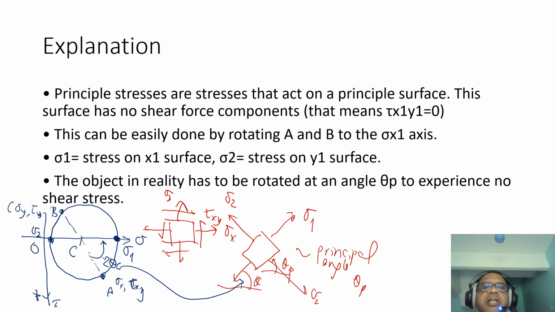So in reality this is theta, and in the Mohr circle it is 2 theta. Let me make it larger, 2 theta. So that's how you link them. With several exercises, I think it will become clearer to you.